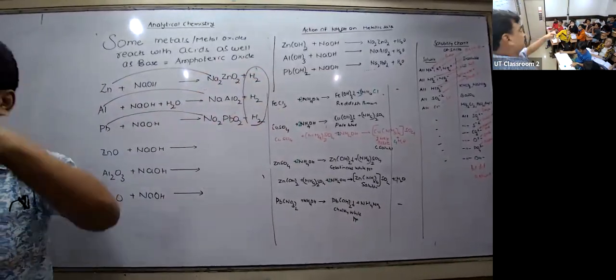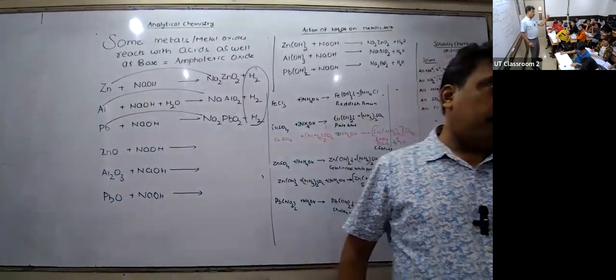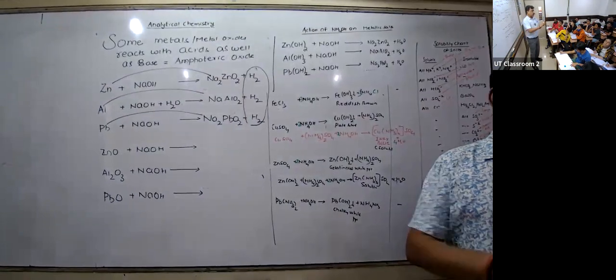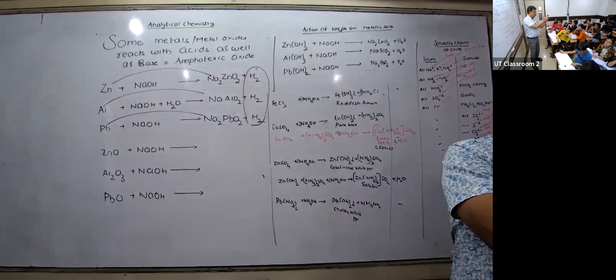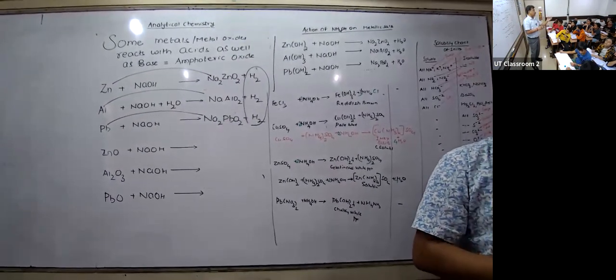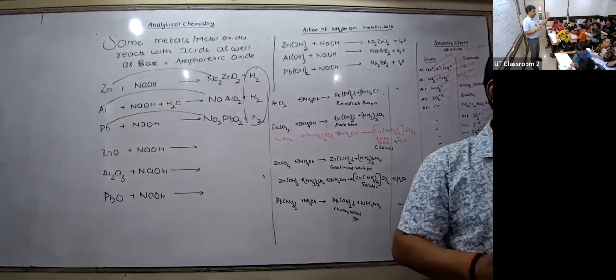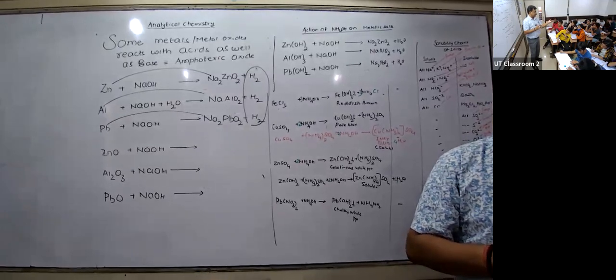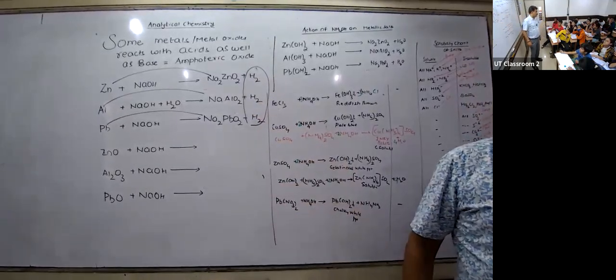You can pass it through a soap solution, and bubbles of hydrogen form. When you bring them near the flame, the bubbles burst and the gas gives a pop sound. Sometimes the concentration of hydrogen is so large that a blue flame is visible for a fraction of a second.